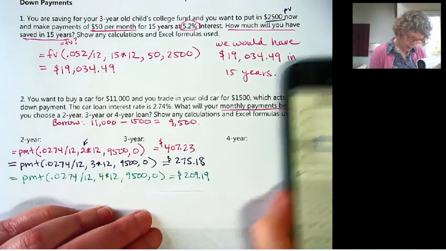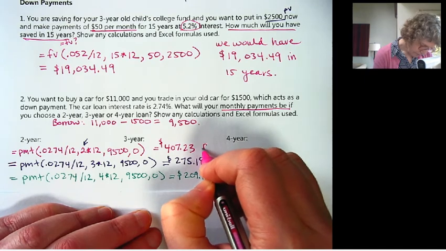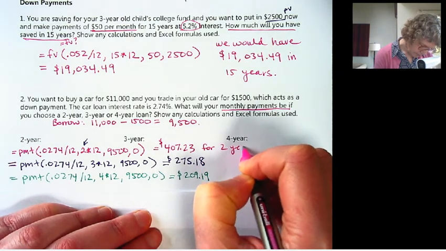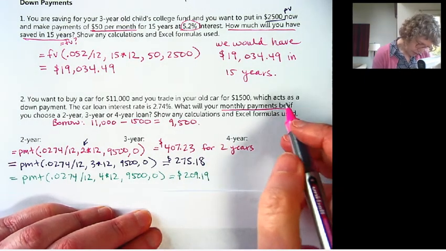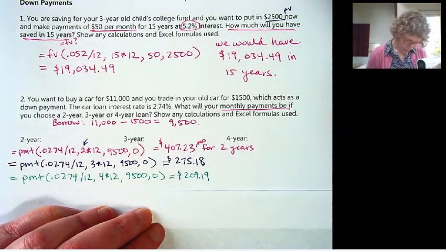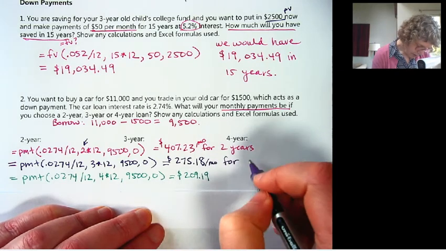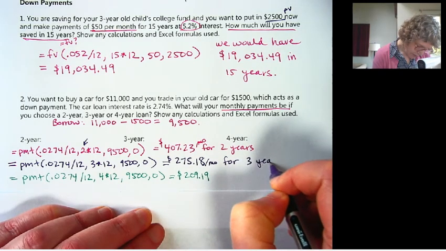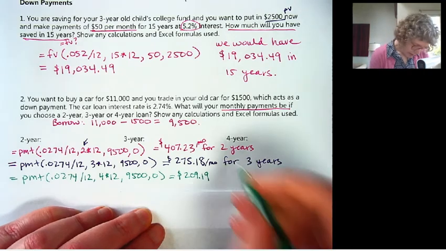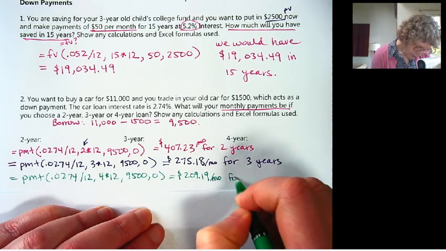So let me just fill out so that we know, since I switched the order here. So this is for 2 years. I gotta put per month in there. This amount per month for 3 years, and this amount per month for 4 years.